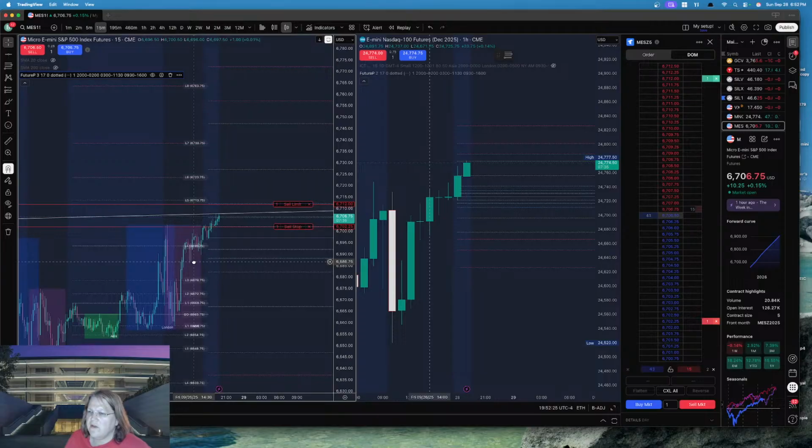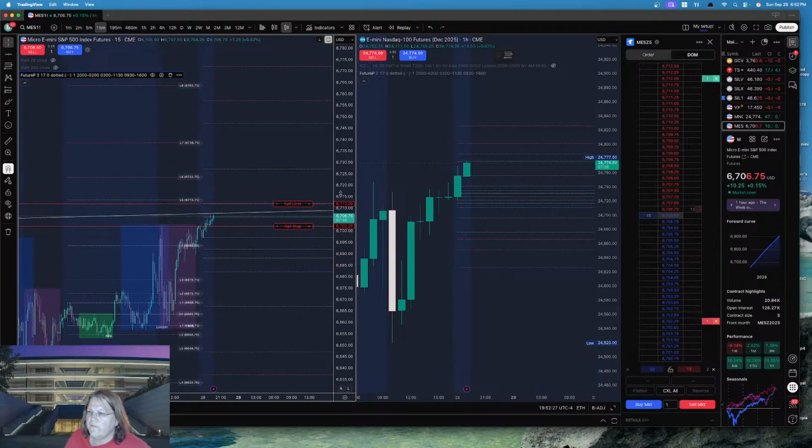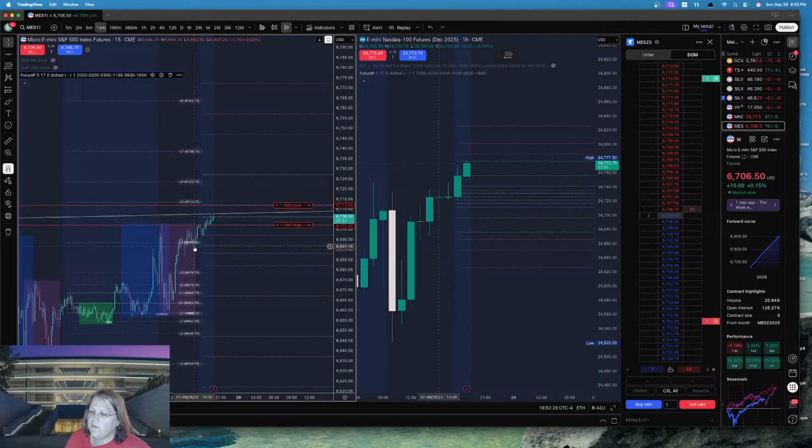So the highest calculation for Friday was 67.63, and we got nowhere near it. We stopped between level 4 and 5. We did not get up to level 5, but we did go past level 4.